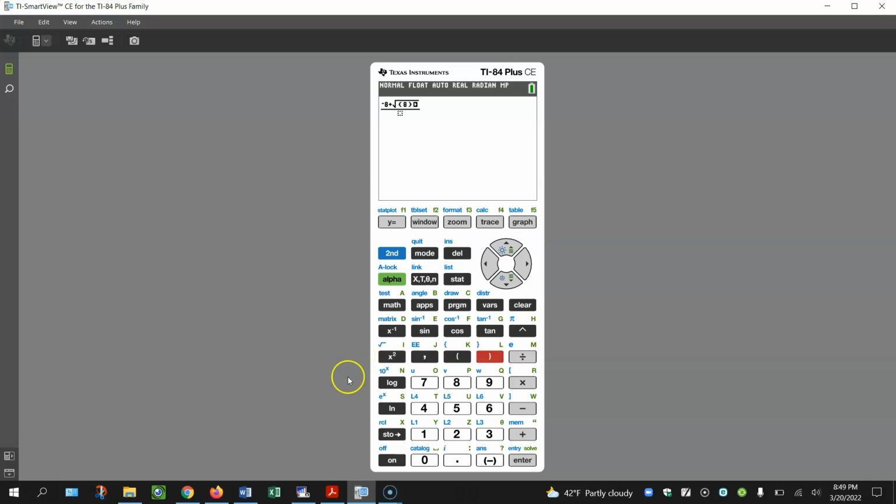Parentheses 8 squared, you can hit that x squared button, minus 4 times 1 times negative 5, divided by 2 times 1. So that'll be one of the solutions.